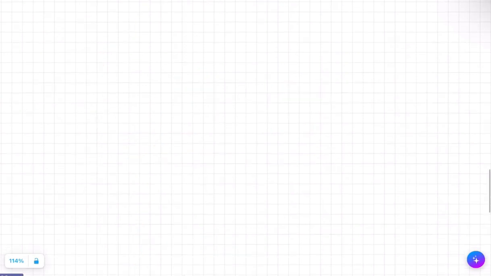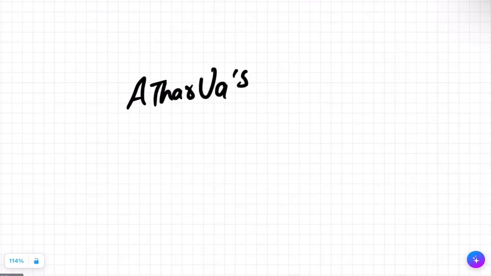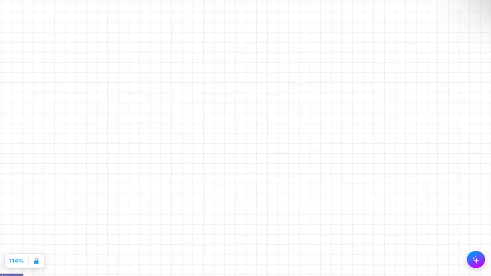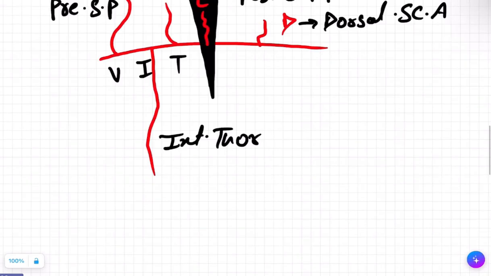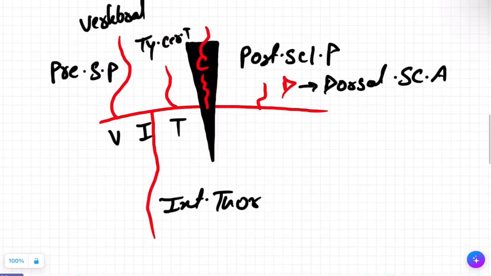See, if I'm saying a third blood vessel, it means this is a blood vessel inside the body of a third. So every name has a meaning. Similarly, in anatomy, everything has a meaning. For example, the first branch of the prescalenius part of the subclavian artery is the vertebral artery.